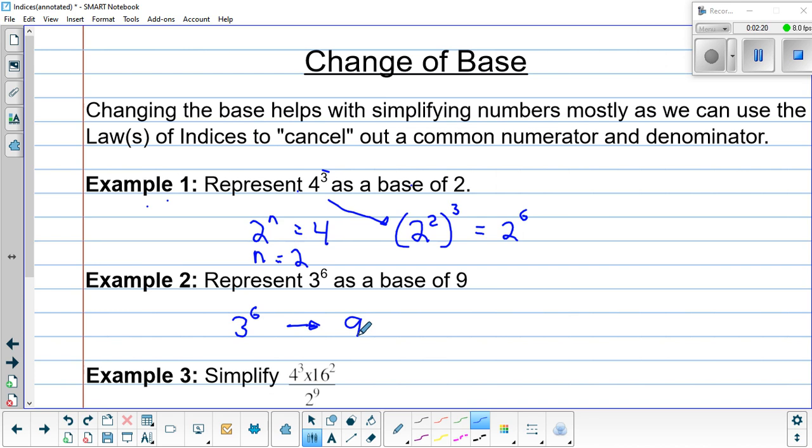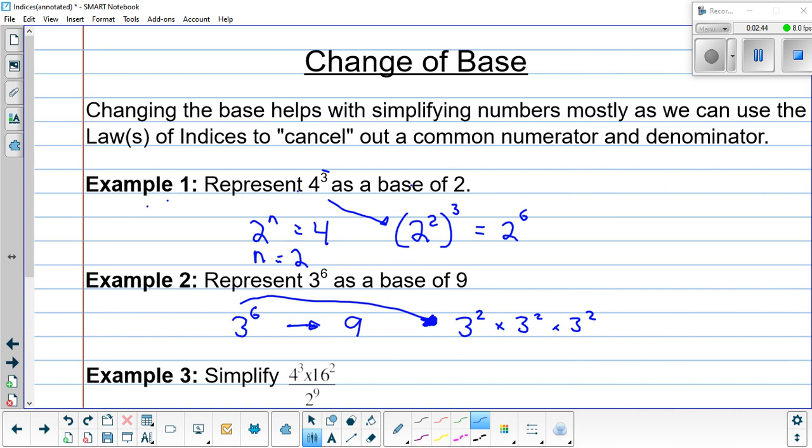So we have to break this up. Here we can write 3 squared times 3 squared times 3 squared, and that's all 3 to the power 6.